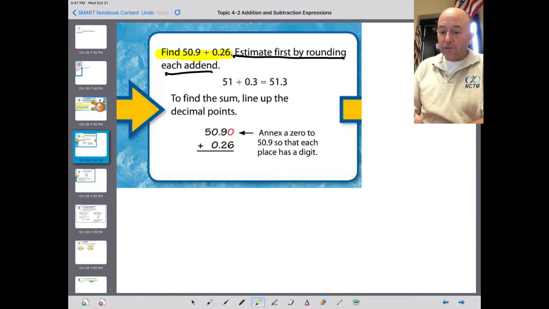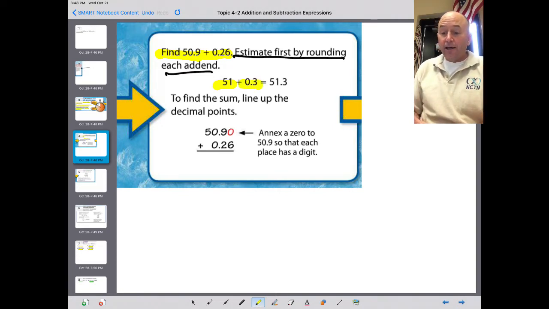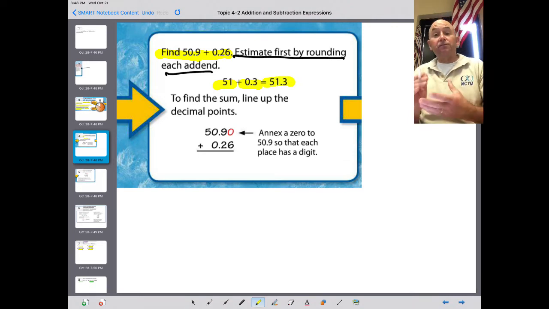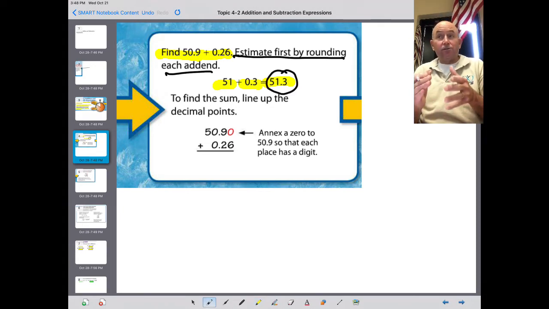They round 50 and 9/10 to 51, and they round 26 hundredths to a more usable number, which is 3/10, and they get an estimate of 51 and 3/10. The point there is that part of our fluency is to know what you're going to get before you actually do the computation.